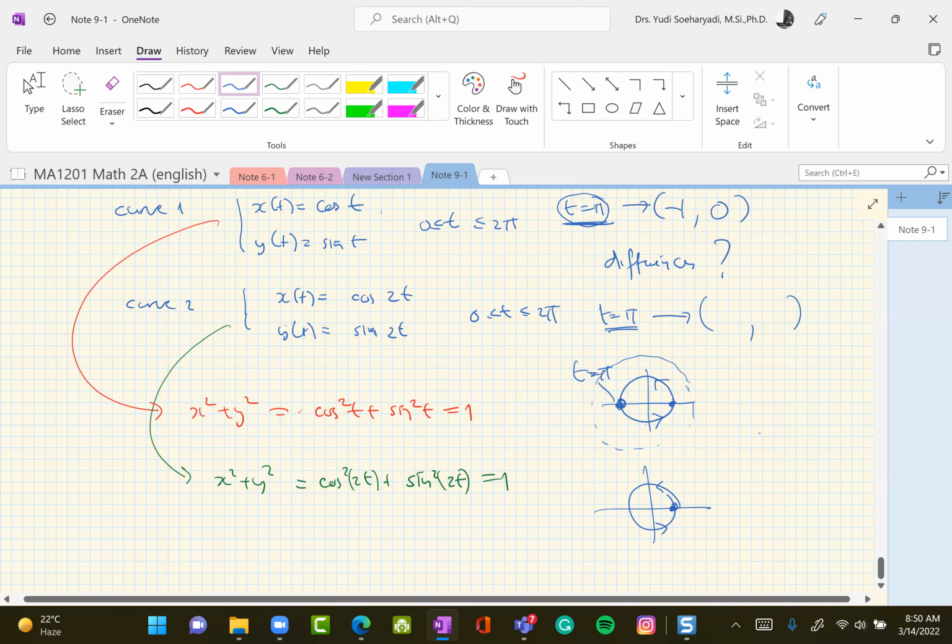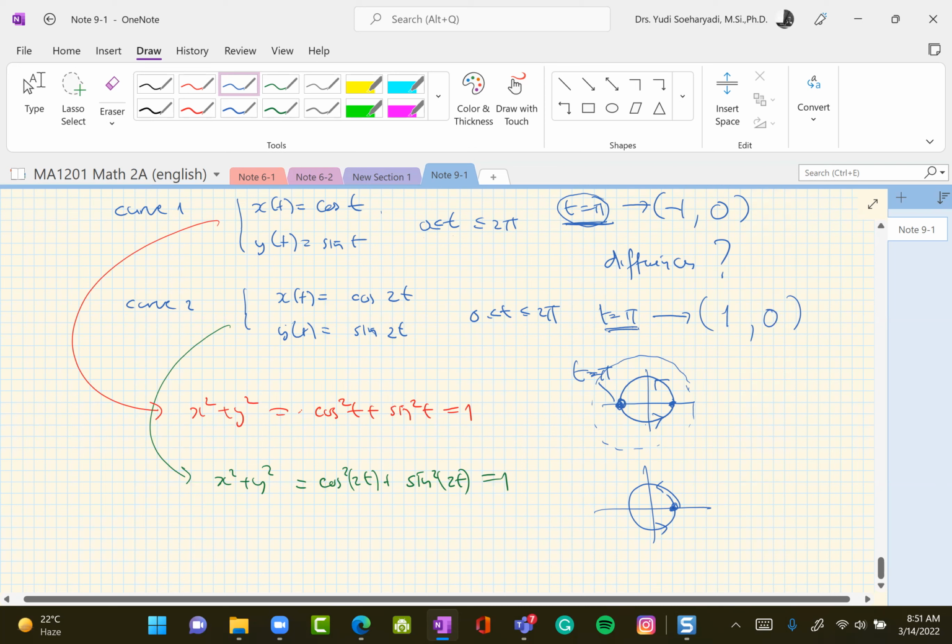But in this one, what do you get here? What's your position here? When you plug in pi here, what do you get? It's 1, 0. 1 and 0, sir.